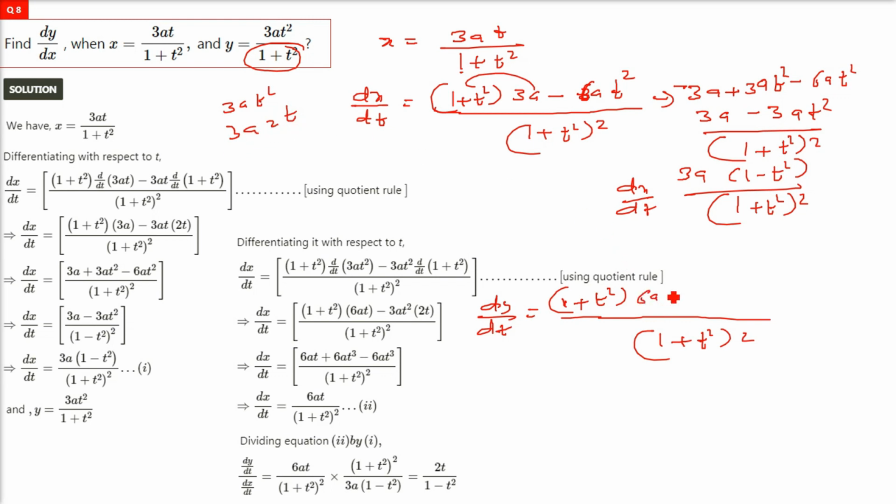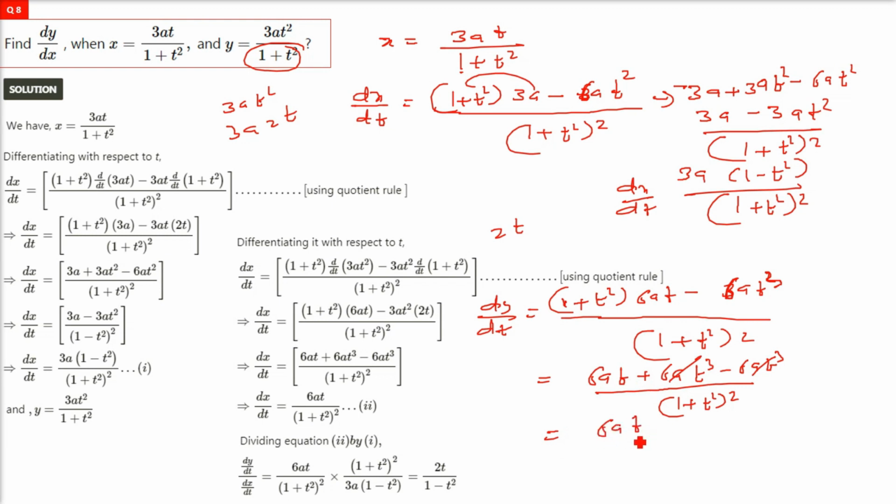Minus 3at square times the differentiation of 1 plus t square, which is 2t, so 6at cube. Multiplying it, 6at plus 6at cube minus 6at cube, with (1 plus t square) whole square in the denominator. 6at cube gets cancelled out. You will get 6at divided by (1 plus t square) whole square. Alright, this is dy by dt.